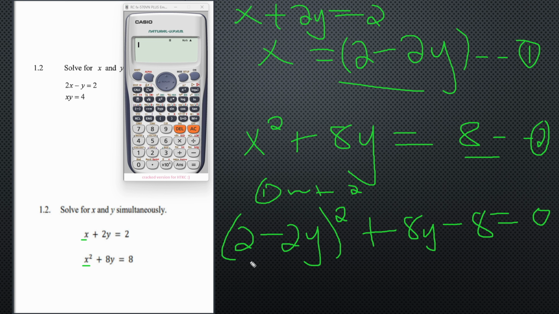And then this will definitely be something like this. Just expand it so that you can multiply everything accordingly.